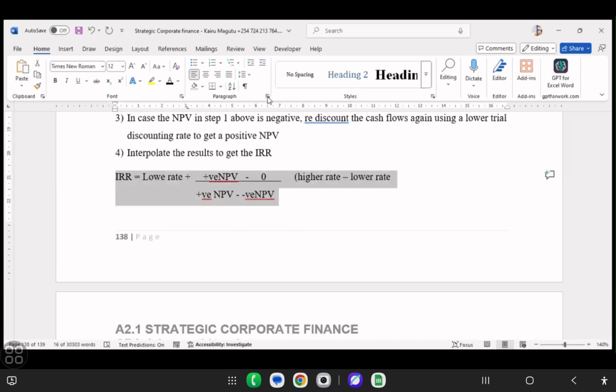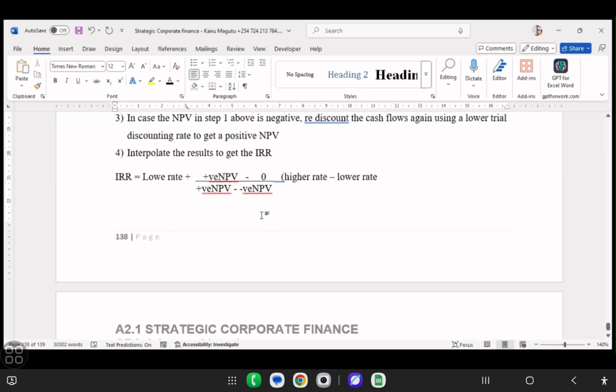Let me try to squeeze it for clarity and visibility. So we are saying that it is the lower rate plus positive NPV minus 0 over positive NPV minus the negative NPV. Whatever you get, you multiply by the higher rate minus the lower rate.